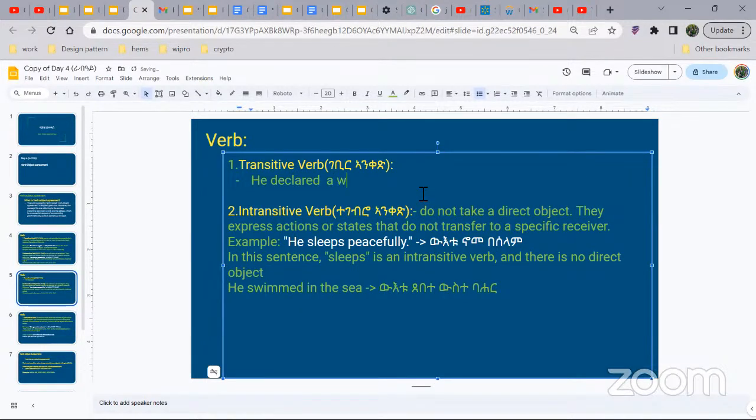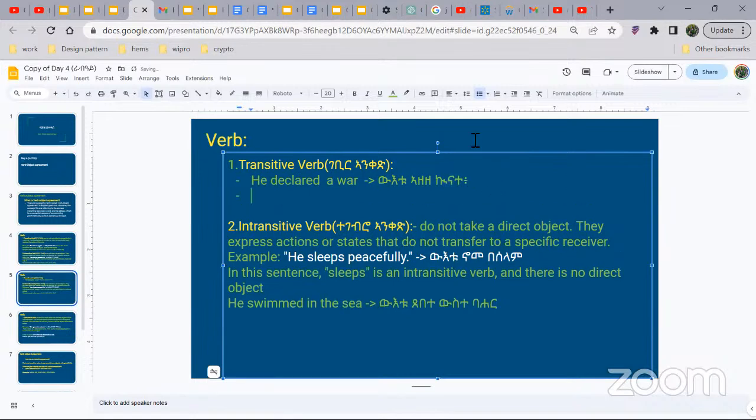A war. He declared the war. Queen? Is it like Queen? So declared is a transitive verb. Okay, transitive verb.